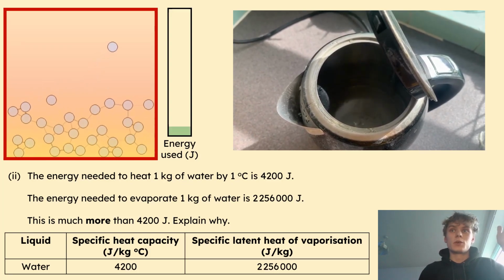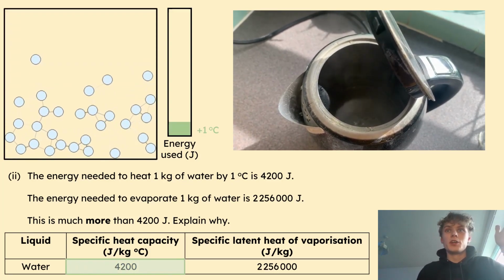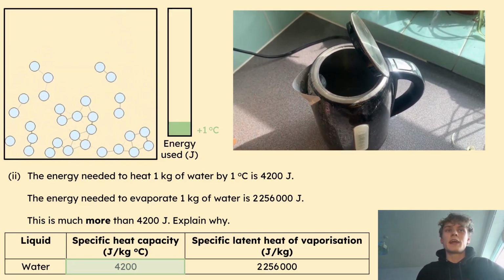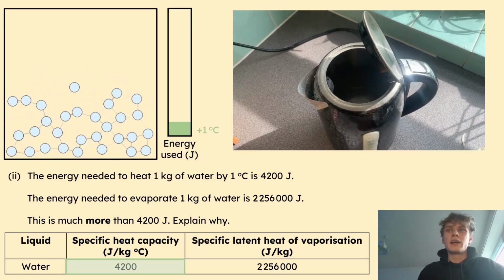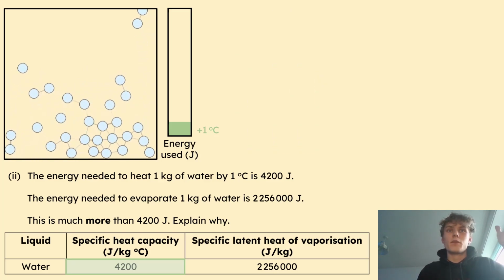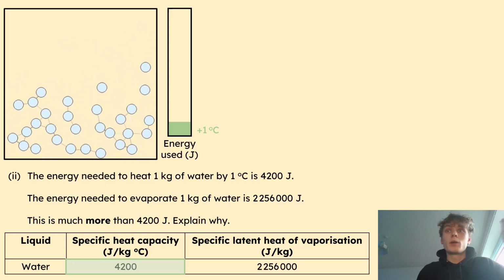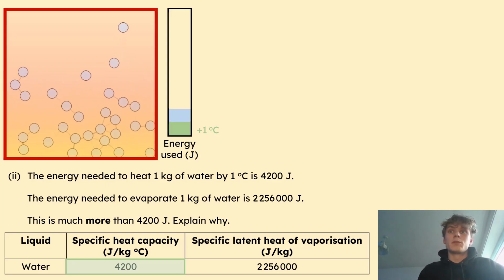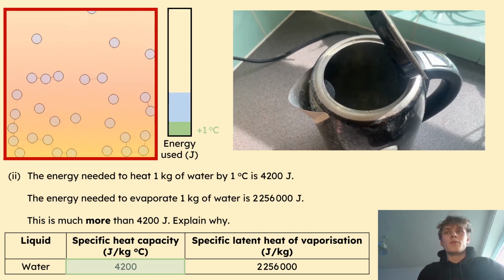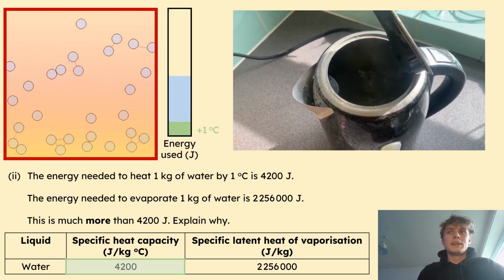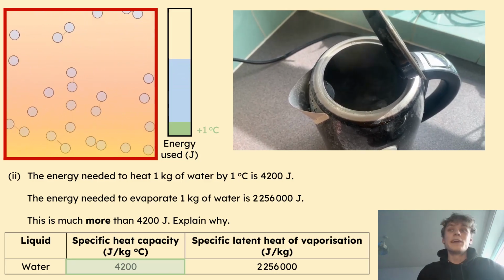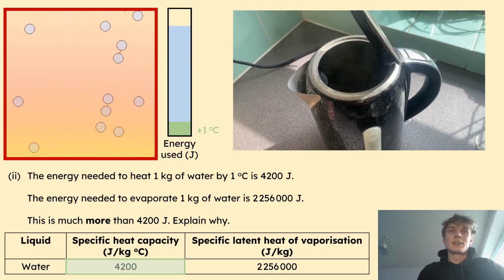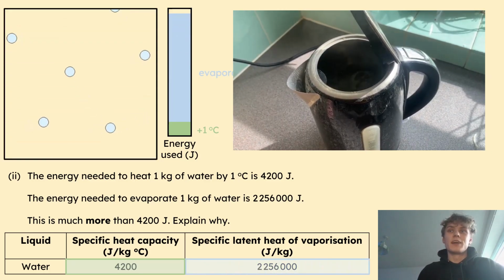And that energy goes to the particles, which you can see speed up. Now, the intermolecular forces have weakened, but they're still there holding the particles together. The bonds aren't broken. But if I want to evaporate the water, I have to use a lot more energy. The reason why is evaporating the water requires the intermolecular forces to be completely overcome. Then we can say the bonds are broken and it's a gas. But that takes a huge amount of energy.